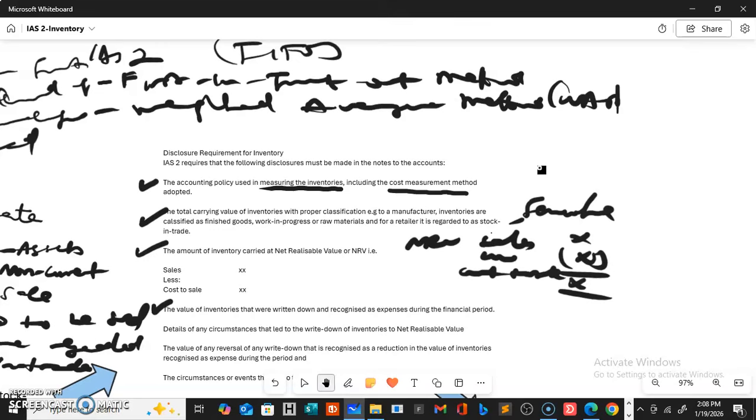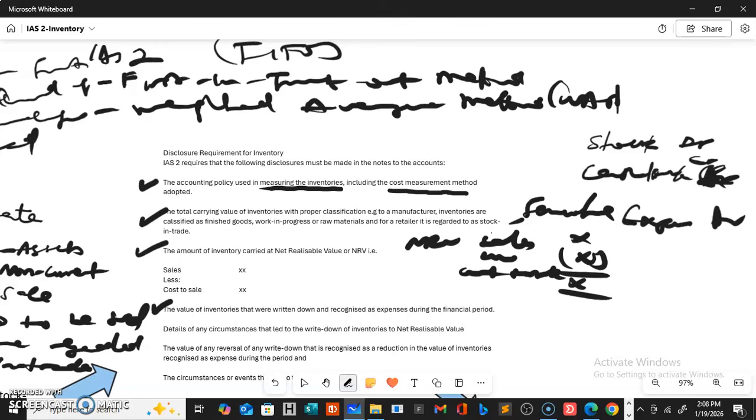Based on our double entry principle, when you acquire stock, you debit your assets and you credit cash or bank, which means if you are paying cash or bank, you credit cash. And in the case of expenses, you debit expenses in the ledger account or in your income statement. So this is how you recognize your stock.